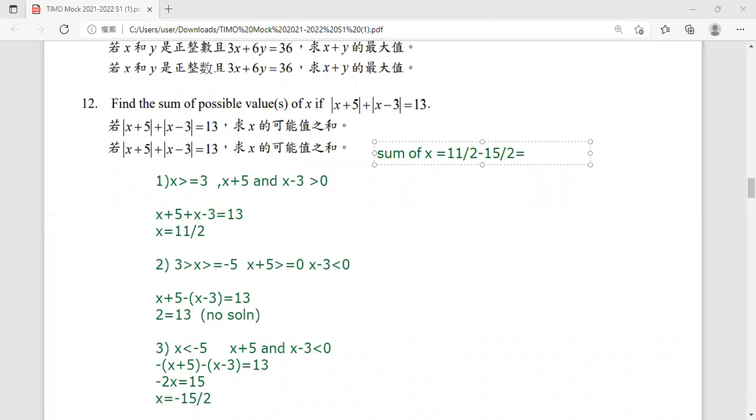Okay, it's negative 2. Because you have a fraction, if you have a negative sign, if you're not familiar with this one, if I have a negative 2 here, actually the negative 2 can be put here, here, or here. It's the same. Okay. So the sum of x is negative 2.